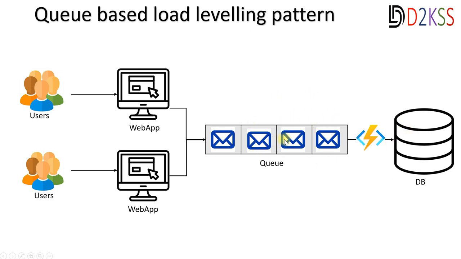By using this approach, we can reduce the load on the database. Meaning all the requests are not directly talking to the database or writing into the database. They write into the queue. This Azure function will pick those messages one by one, sequentially, and write into the database. So there is no load on the database.